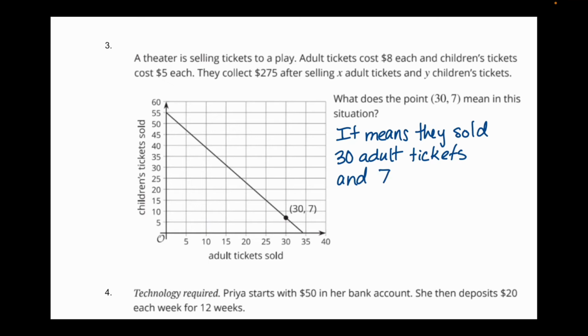They didn't sell the actual children. And 7, we'll say child tickets. They're definitely selling tickets, not people. So it means they sold 30 adult tickets and 7 child tickets.